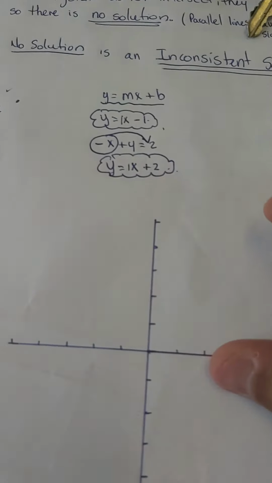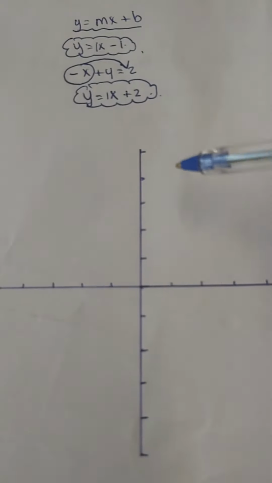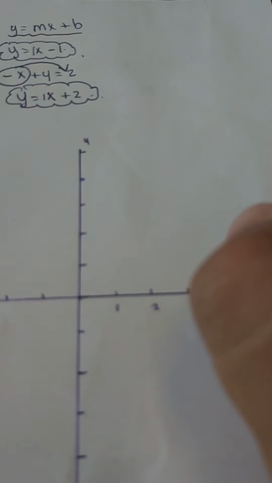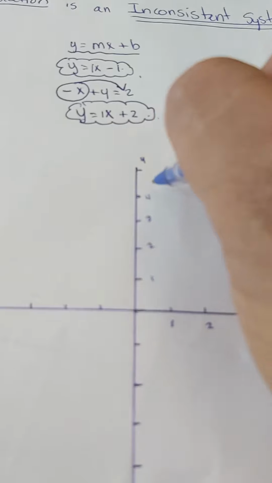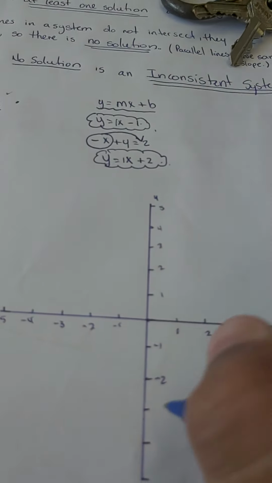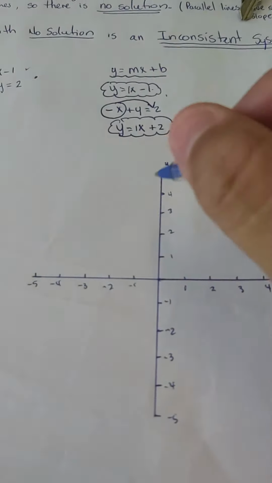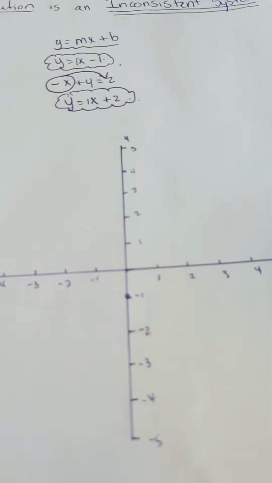So the first equation has y-intercept negative 1. So remember, this is the x, y axes, with 1, 2, 3, 4, 5 in each positive direction and negative 1, 2, 3, 4, 5 in each negative direction. The y-intercept is negative 1, so this will be our point.